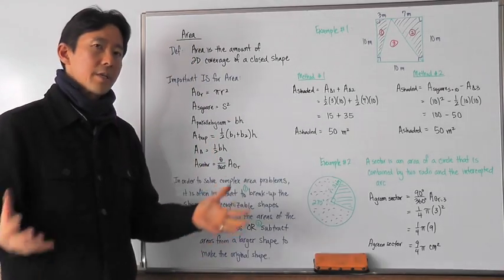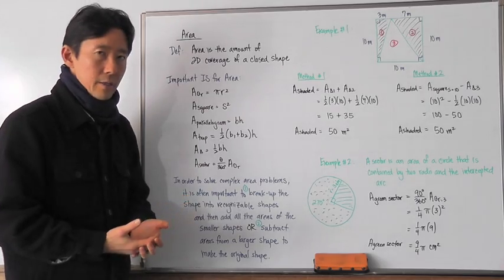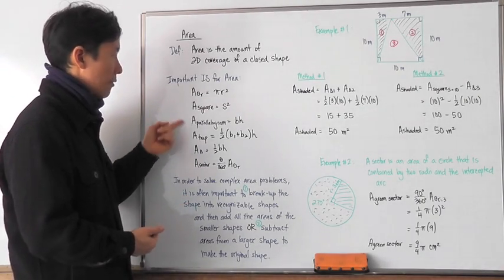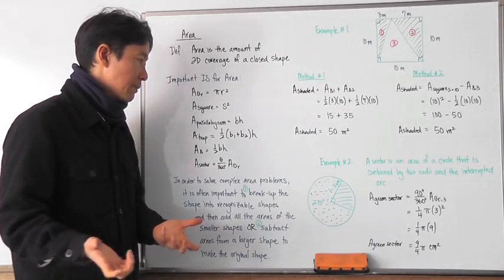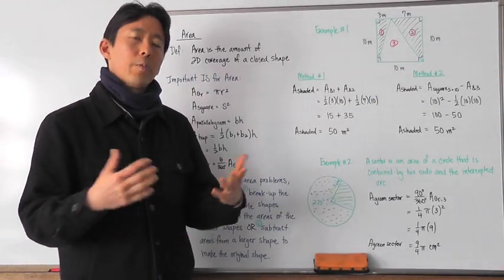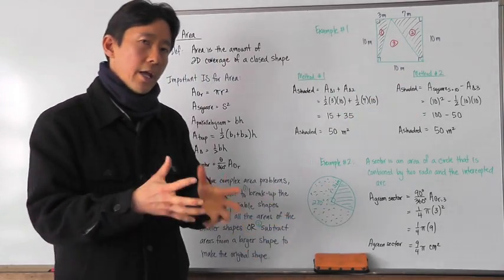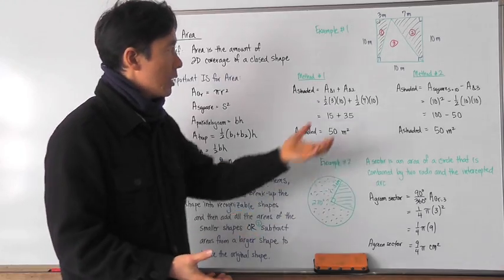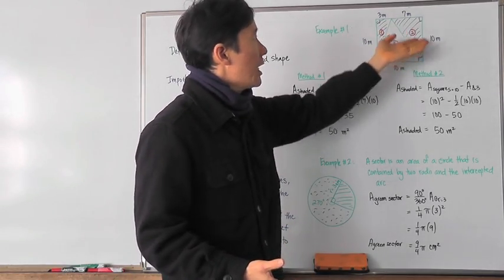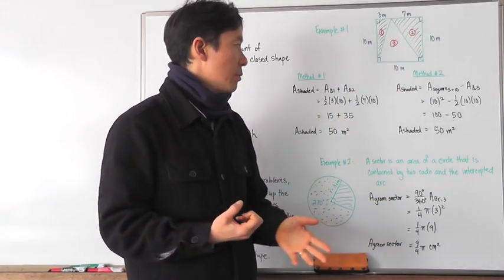Okay, so let's summarize again. In order to determine area, it's important that you memorize all of these formulas, these initial statements for areas of recognizable shapes. If you come across a shape that is not recognizable, then we need to break it up into sections that are recognizable and add the parts that we want, or look for a recognizable shape that contains everything plus what you're looking for, and then subtract out the parts that you don't need.